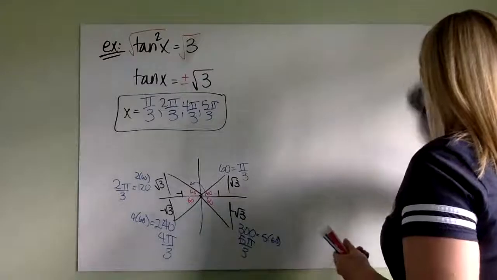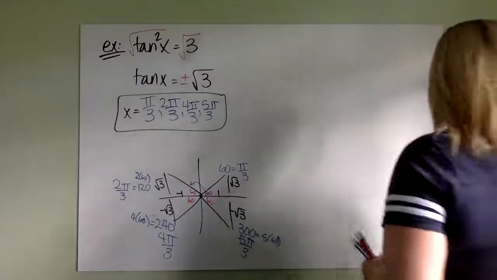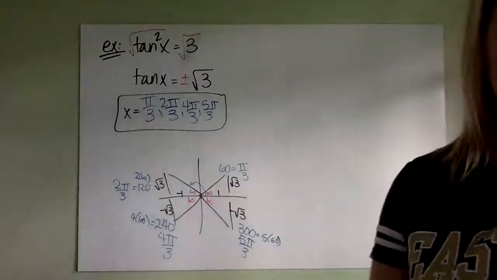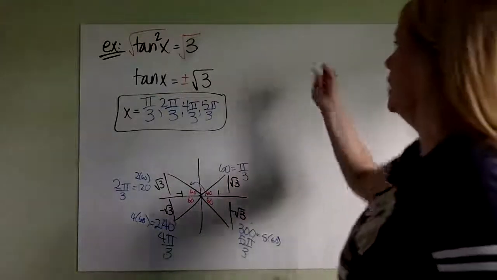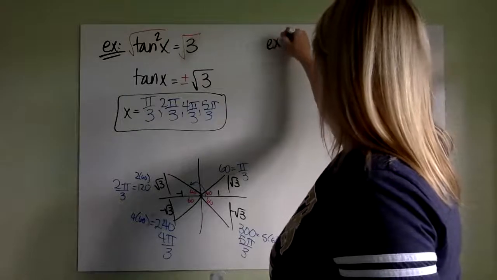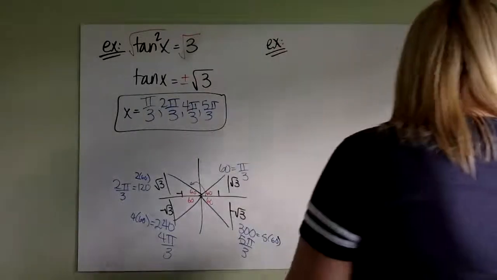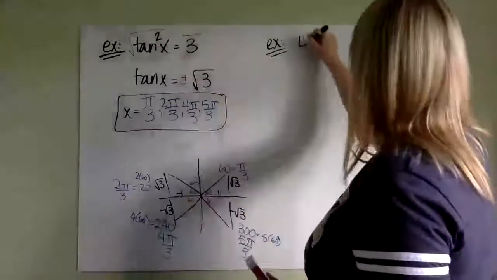If it says to solve for all of the solutions, or find all of the solutions, you are going to just solve for the 0 to 2 pi interval. We're not going to worry about the general form of the solution.